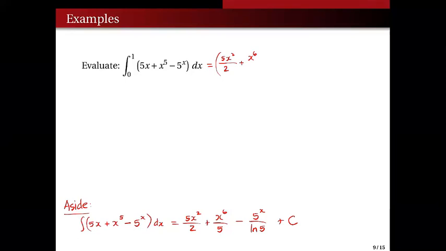That should be over 6. And then you have here over 6 minus 5 to the x over ln of 5. You evaluate this from 0 to 1. So now I'm not going to write x equals 0, x equals 1. Let's just do that as from 0 to 1.